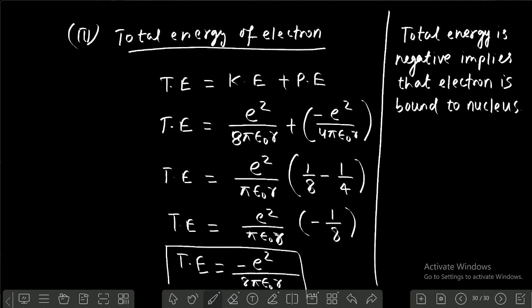So in that way we can tell here it is minus e square by 4 pi epsilon naught r. Write down correctly. Now here is one star mark point.